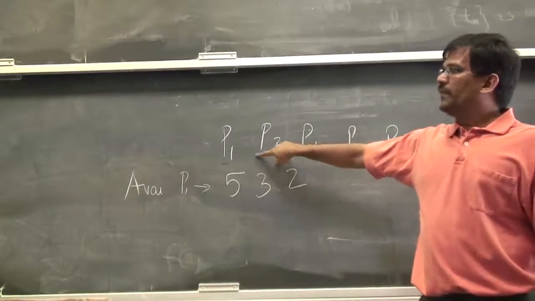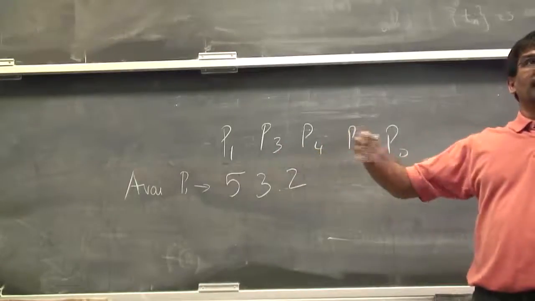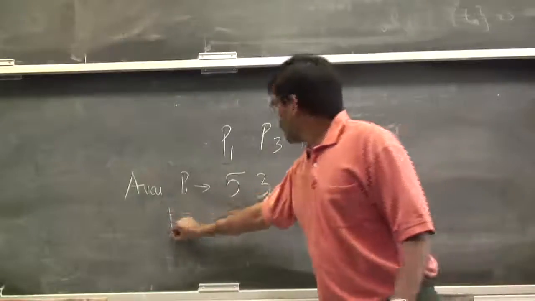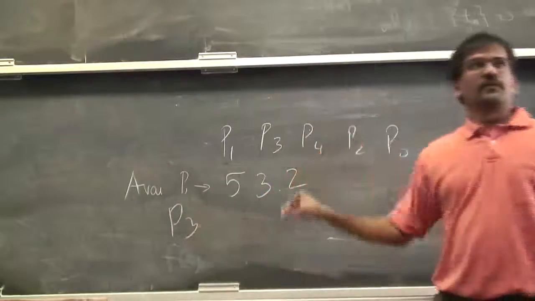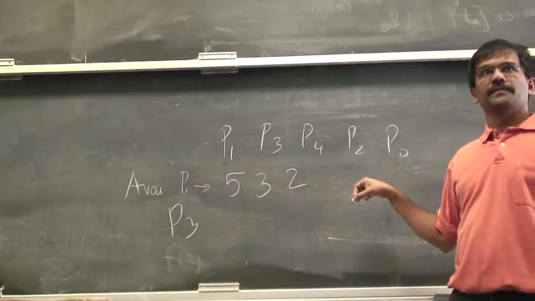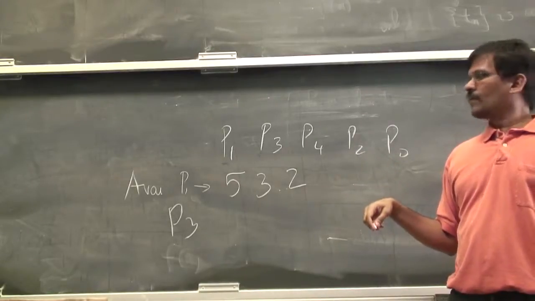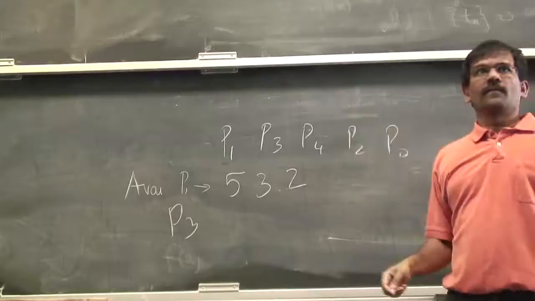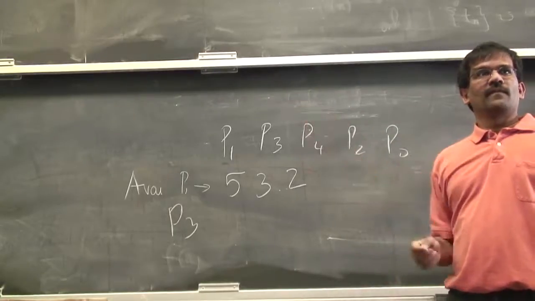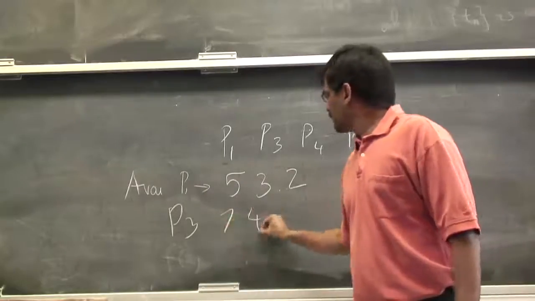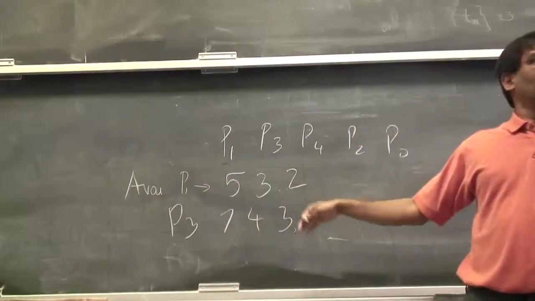So when P3 finishes, right? At this point, if you stop everything and then let P3 finish, what would the sequence be? Yes, 7, 4, 3. Yes. And so on, right?